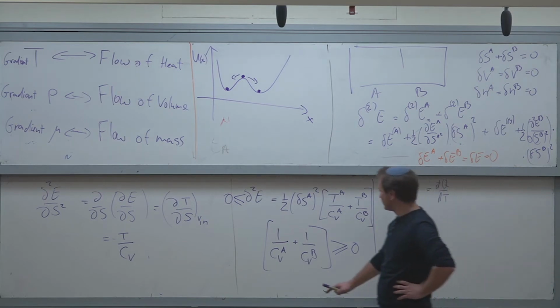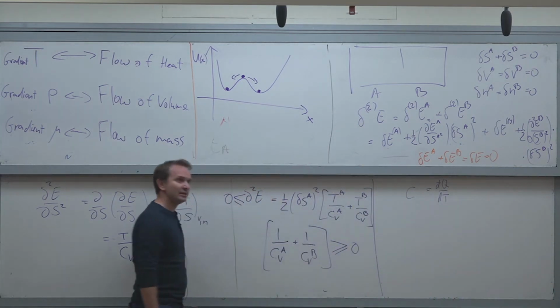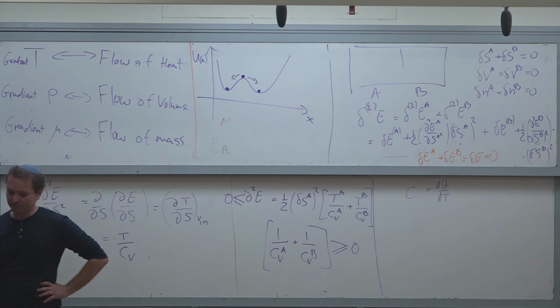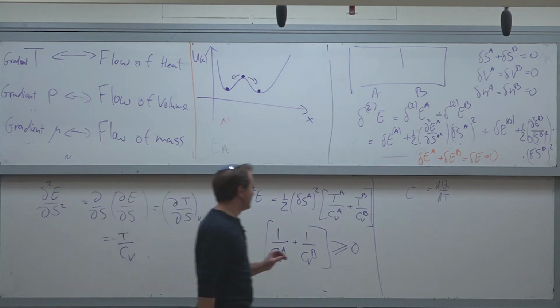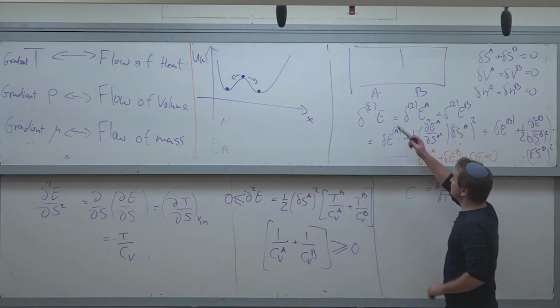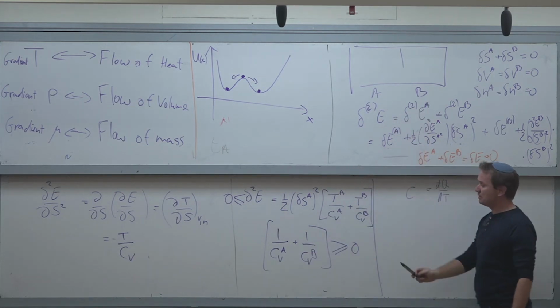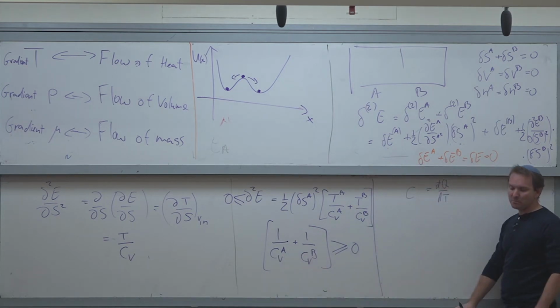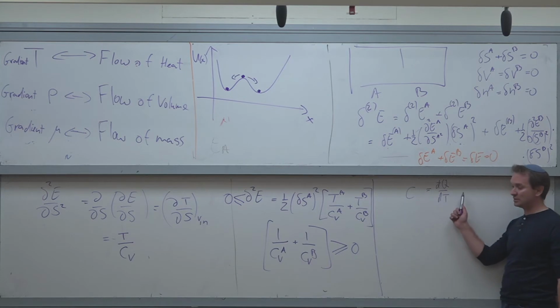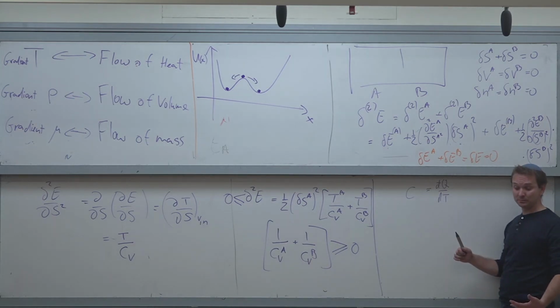So 1 over CV is 1 over an extensive quantity. Now, when I took system A and system B, this condition must always be satisfied. I can make one system extremely large and the other system much smaller than the first system. Since CV is extensive, 1 over CV is 1 over the size of the system.